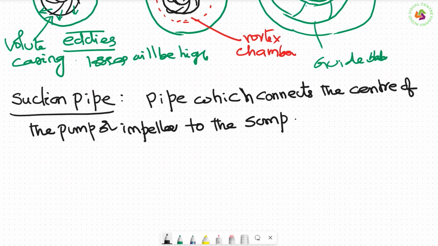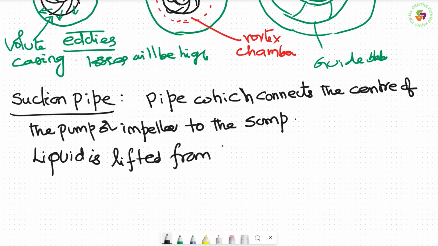The liquid is lifted from the sump. Please remember, the entire suction pipe is completely, absolutely airtight.